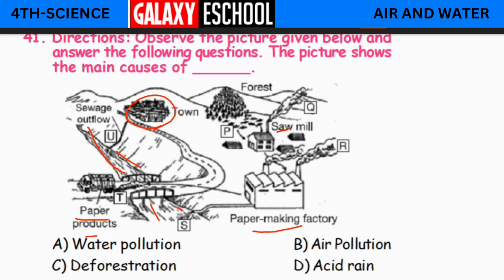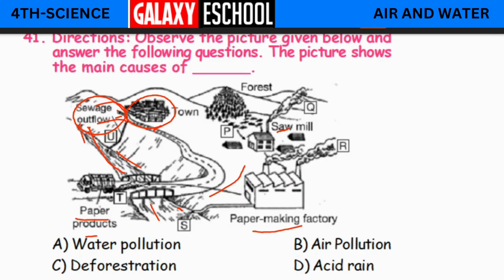Near the forest we have all these factories connected with wood and timber products. So what is happening? Here the sewage outflow, the waste from the people and the sawmill, is collected here and dumped in this river.